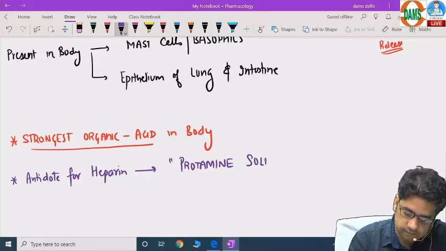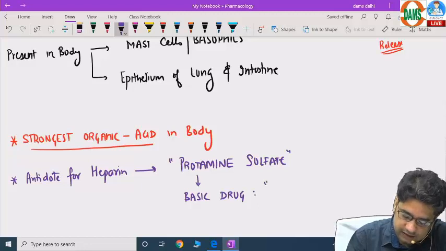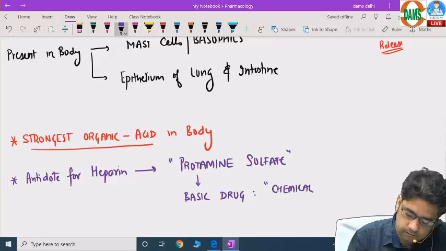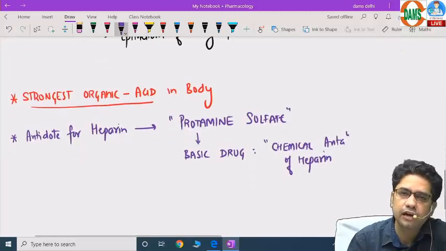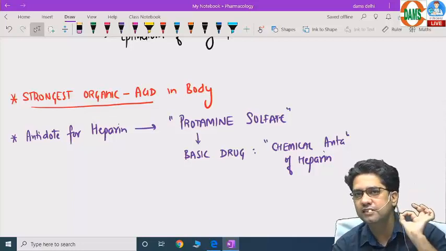Why? Because protamine sulfate is a highly basic drug. It will act as a chemical antagonist of heparin. A basic drug will directly, chemically bind to heparin and directly neutralize it.